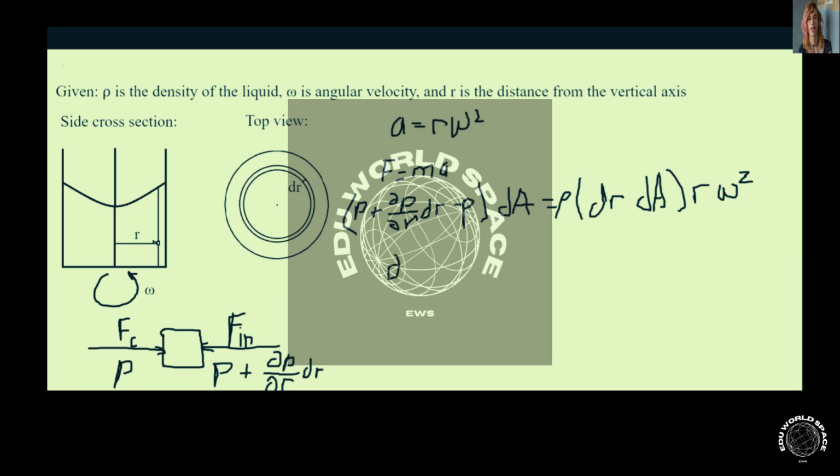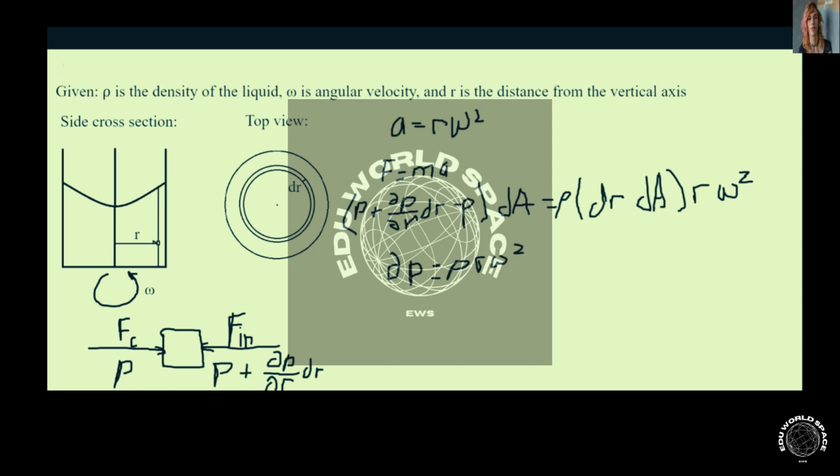Simplifying this whole equation, what we're left with is that the change in pressure over dr is equal to rho, our density, times r omega squared. Now what we want to do is find an expression for pressure, so we have to integrate both sides.